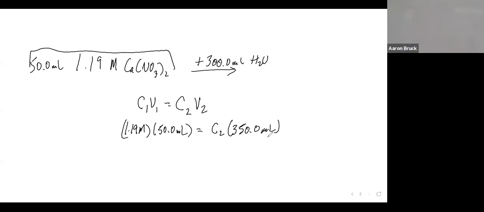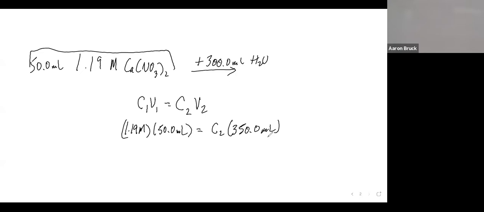Now, one important note. Ordinarily, when we multiply molarity and volume together, we want that volume to be in liters because we want the liters to cancel out to give us moles. When we're using the dilution equation, we don't need to do that. The reason is consistency.